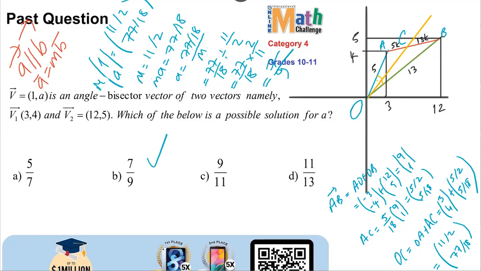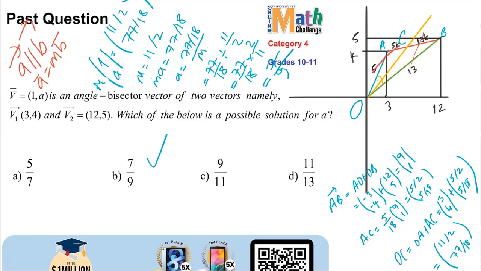And the next step is, since this is angle bisector, so the ratio of AC to CB is proportional with these two values. So if we call this 5k, because this is 5, this will be 13k, since this is 13.